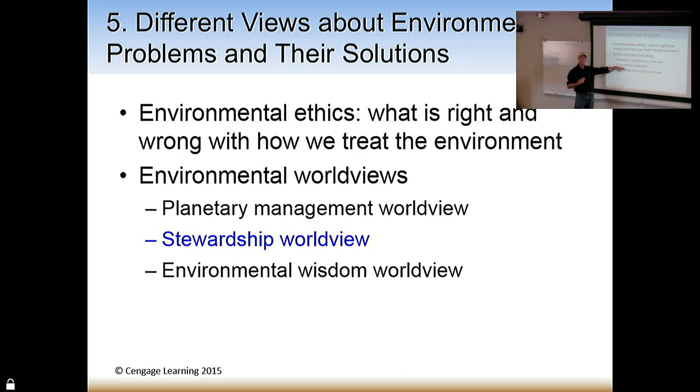A steward was a really good manager in ancient times, or in the Bible, that you put in charge of all your goods and your precious belongings, and things like your children when you were away. That's a steward. So taking better care. And then environmental wisdom worldview really focuses on the environment and making sure the plants and the animals are taken care of, not so much about the people.